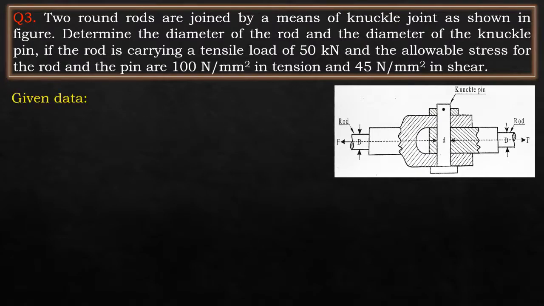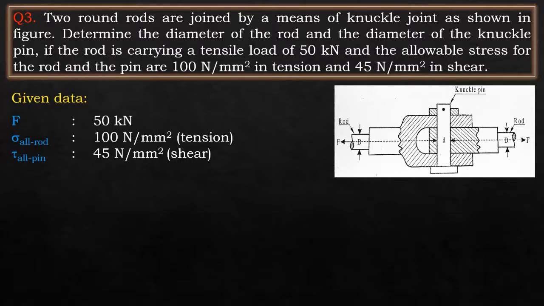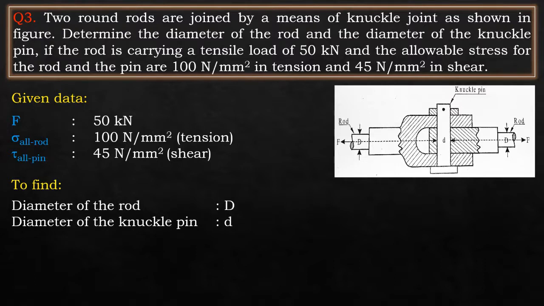So from the problem, it is given that the load F is 50 kilonewtons. Allowable stress in the rod which is subjected to tensile stress is 100 Newton per mm square. Allowable stress in the pin is 45 Newton per mm square. We need to find the diameter of the rod capital D and the diameter of the knuckle pin small d.